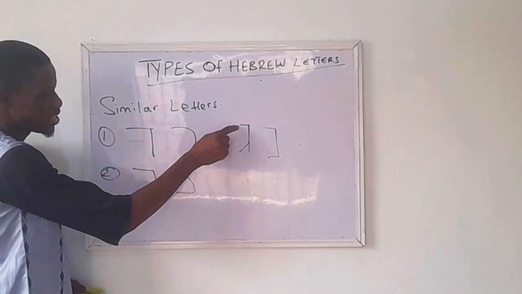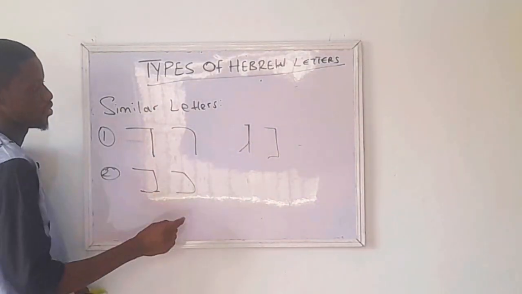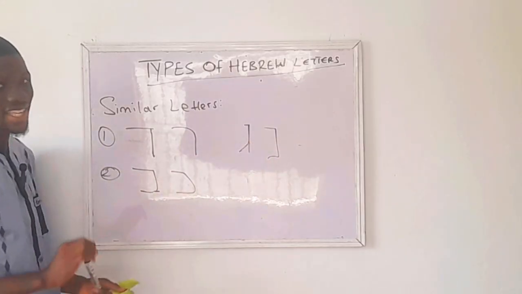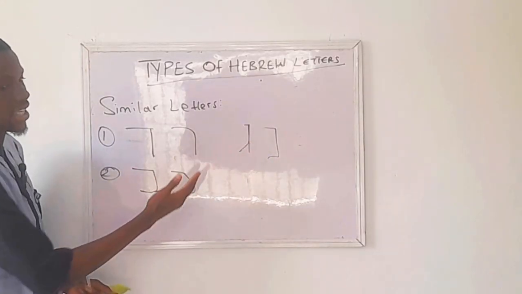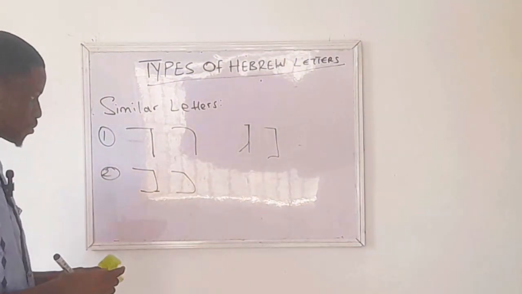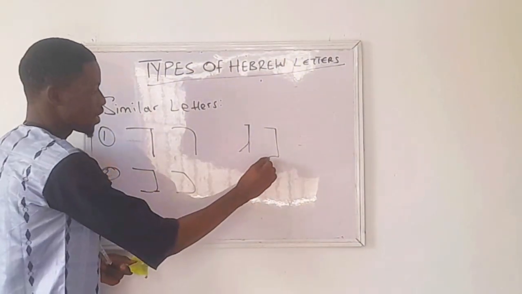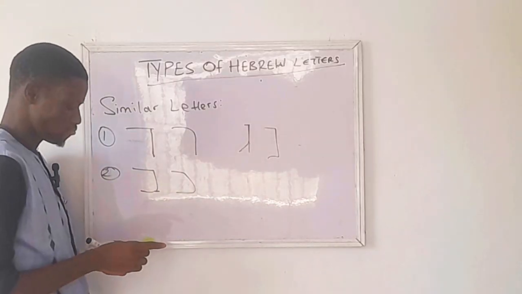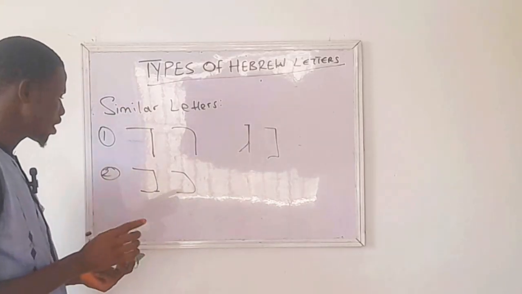Particularly, your Gimel may not be this long, but it's always like this, and it has a leg. Your Nun does not have a leg. That's the major difference. Gimel has another leg outside, like a second leg, while your Nun just has the line, maybe curved like this, but it's not another leg.